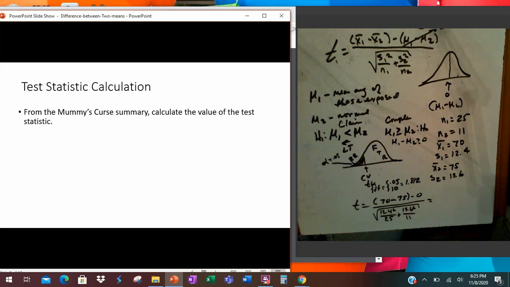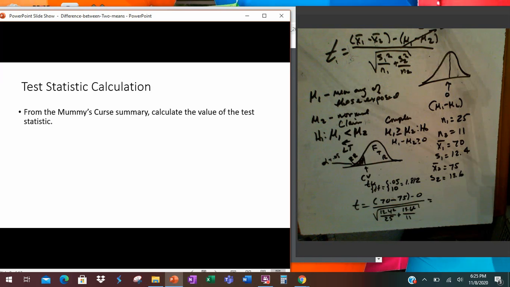And if I do that on my calculator, give me a second. Make sure I do everything at the top in parentheses, 70 minus 75, divided by the square root, and then everything in there.